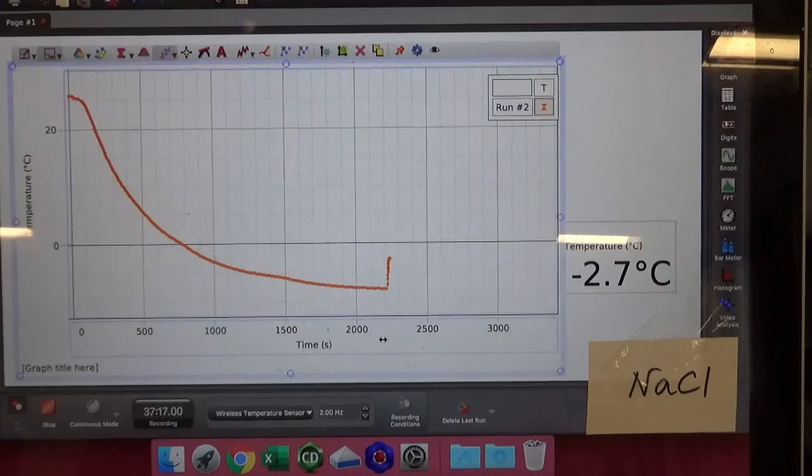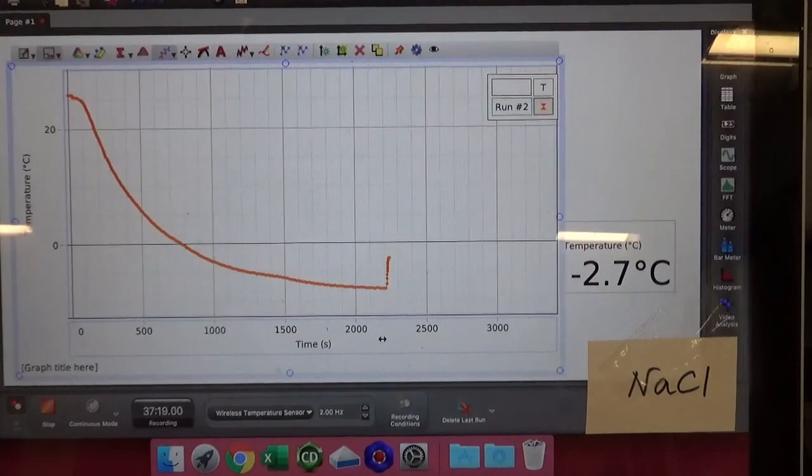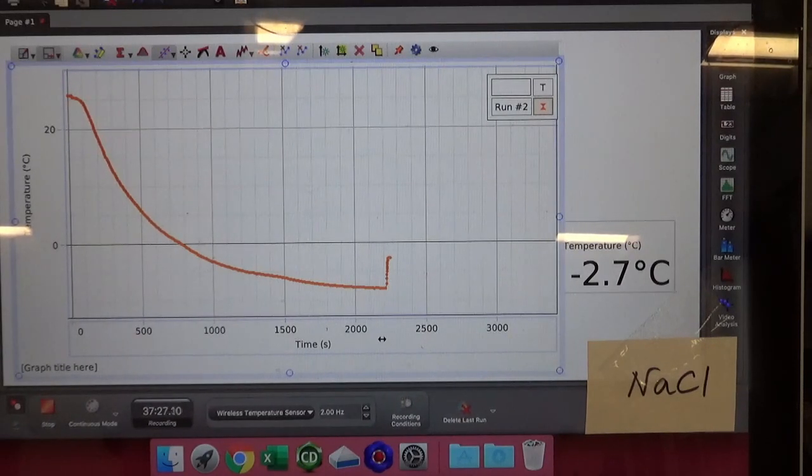Well, I missed it too. Oh, thank you. We're so happy. It's super cool. And now it's coming back up to what the freezing point's going to be.